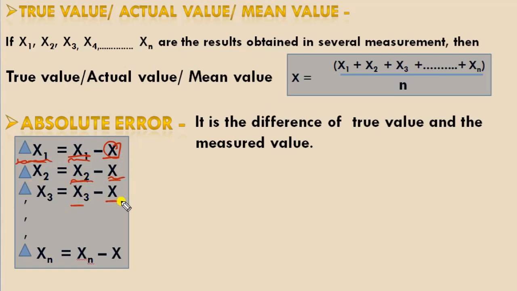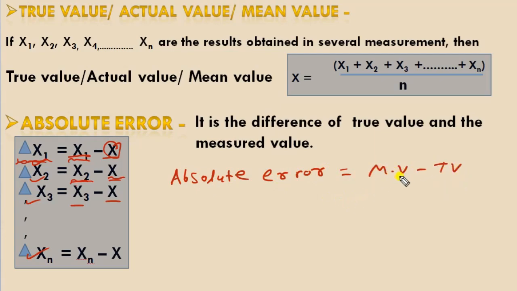If you are taking n number of measurements, then you will get n number of absolute errors, and each time the absolute error would be equal to measured value minus true value.